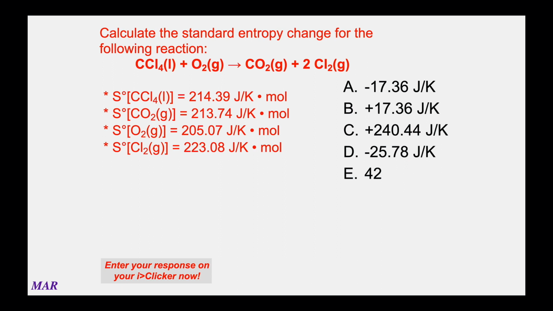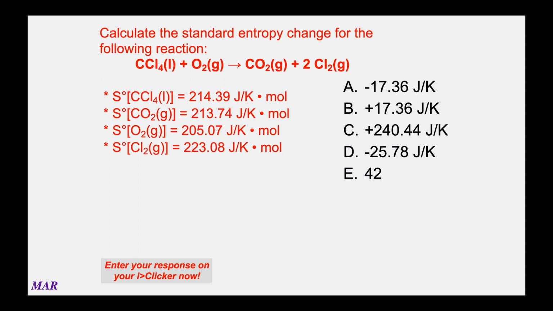Okay, at this point, I'm assuming you've had a chance to work on the problem and you want to talk about the answer. Let's do it. These kinds of problems are usually all of the products minus all of the reactants. This is an entropy problem, so it would be the entropy of the products minus the entropy of the reactants. And you can see all the values are given for you right there.